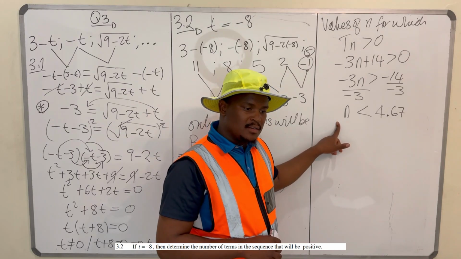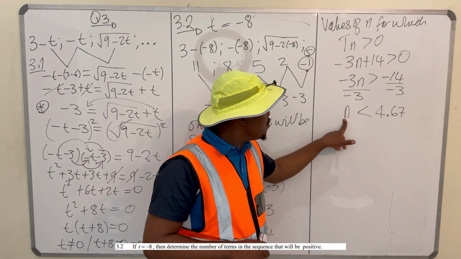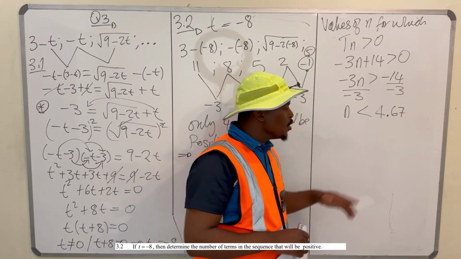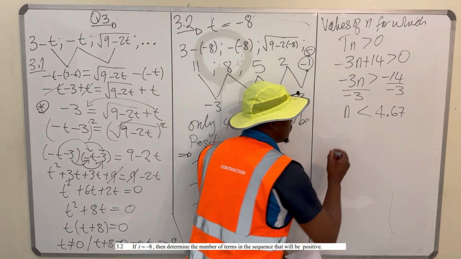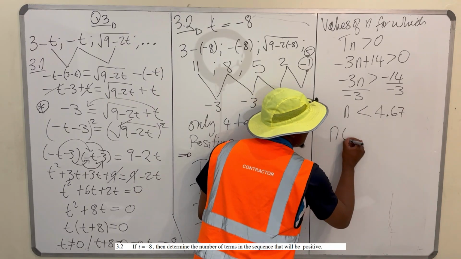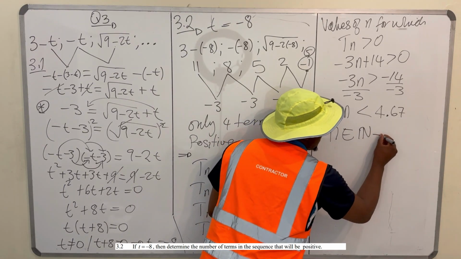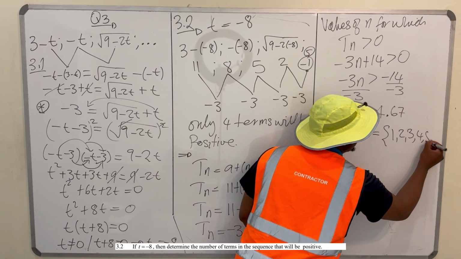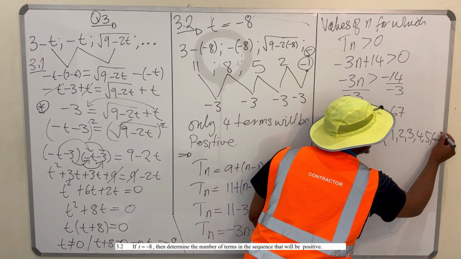But what is n? In which set does n belong? Your n is a natural number, and the natural numbers are 1, 2, 3, 4, 5, 6 going forward.